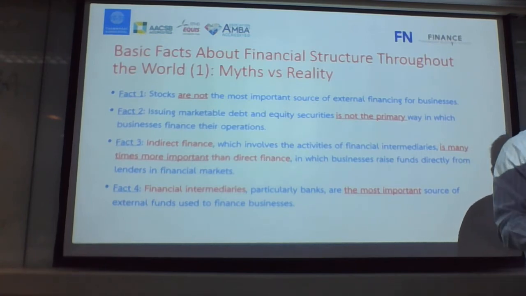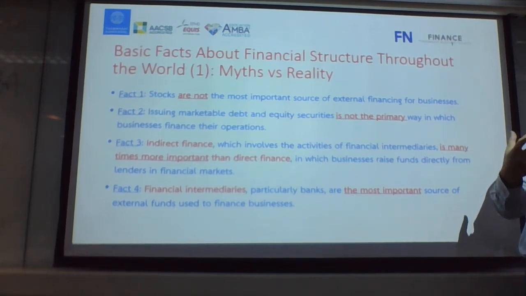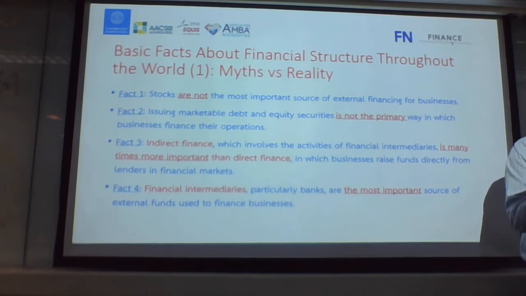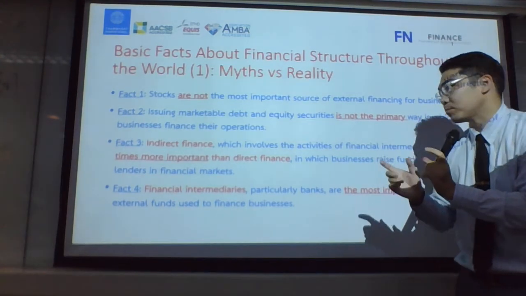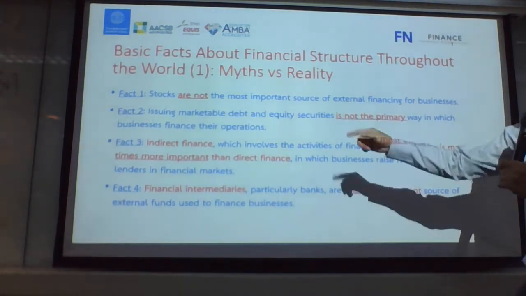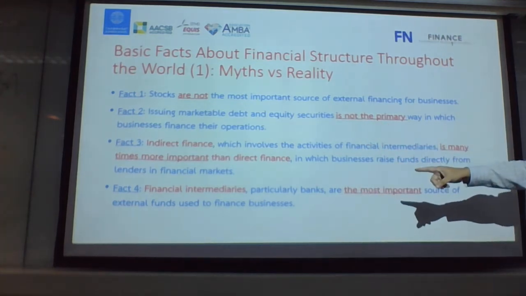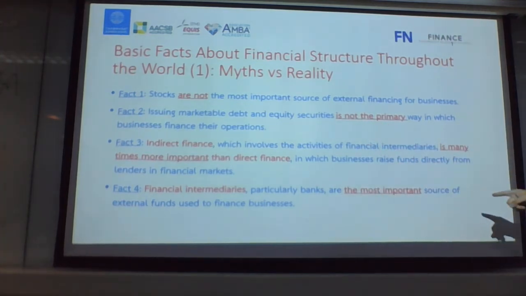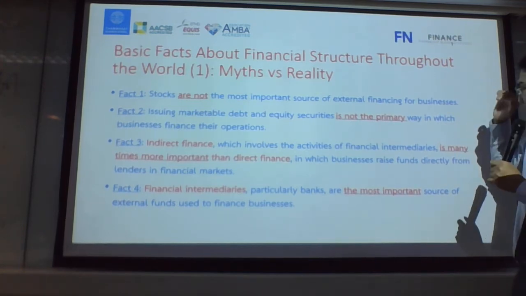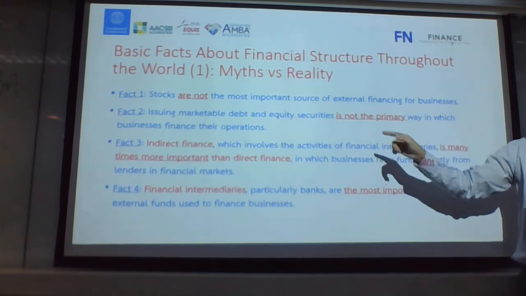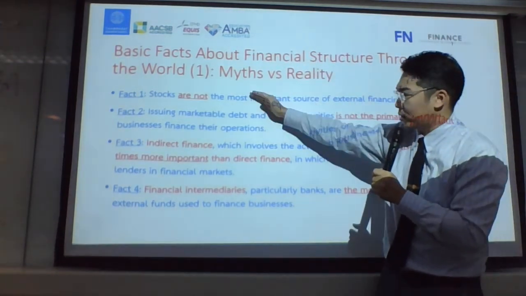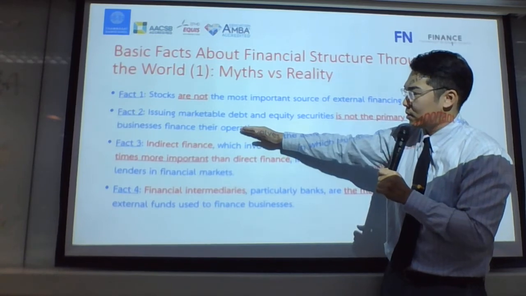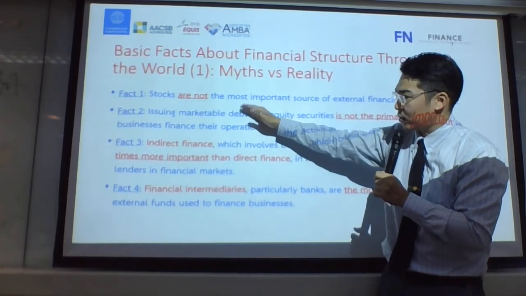In this class, you have to distinguish between indirect and direct finance by these facts. And fact number 4: financial intermediaries are the most important source of funds. When we move to financial intermediaries, we are talking about indirect finance. So fact number 1 and fact number 2 are direct finance.